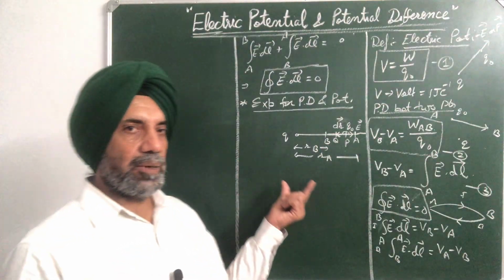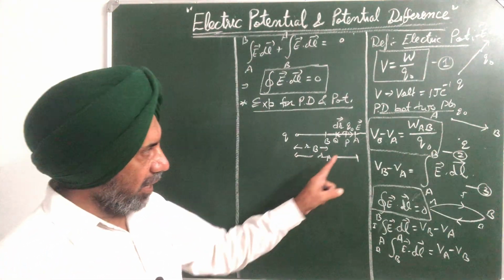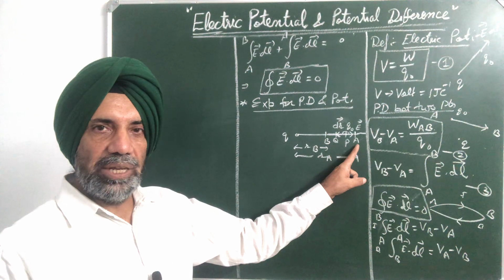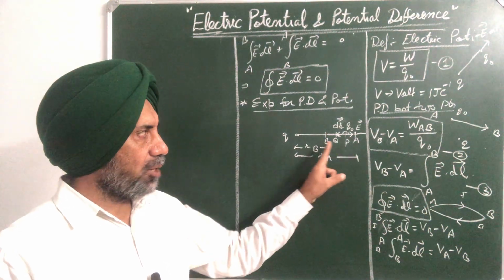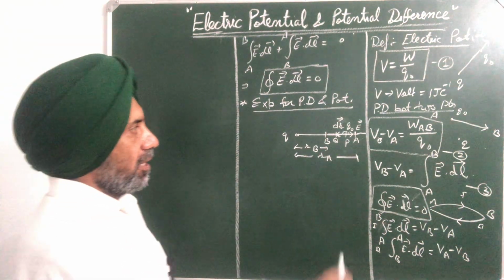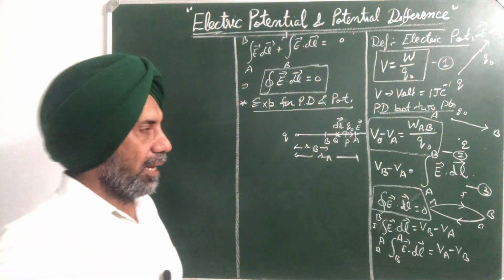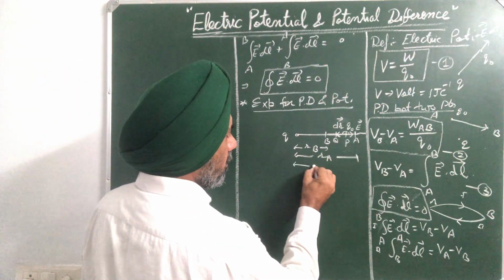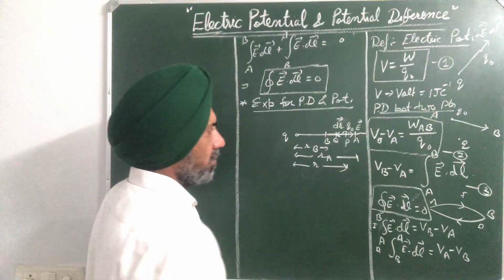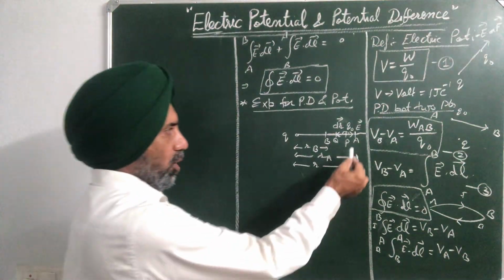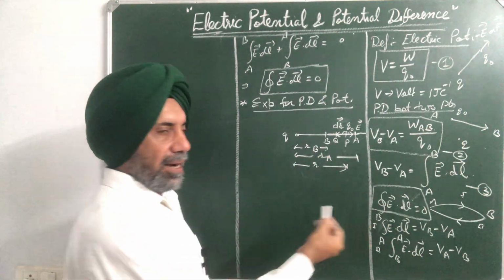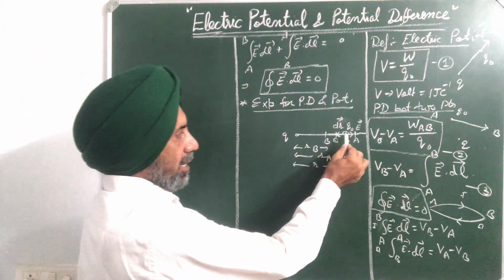Because to find the expression for potential difference, we have to find the total work done in moving a unit positive test charge from point A to point B. For that, we have taken a point P at distance R from charge Q. The distances of points A and B are RA and RB.